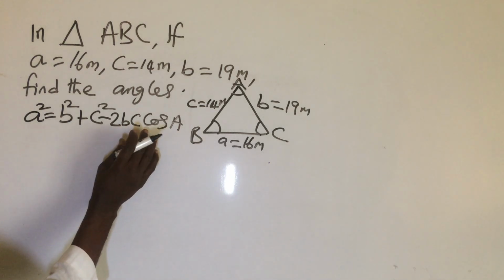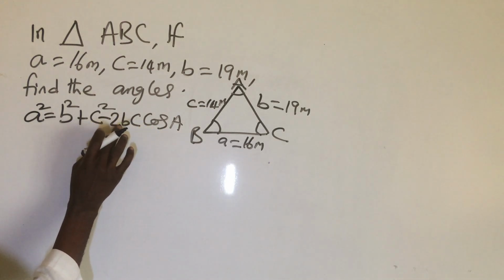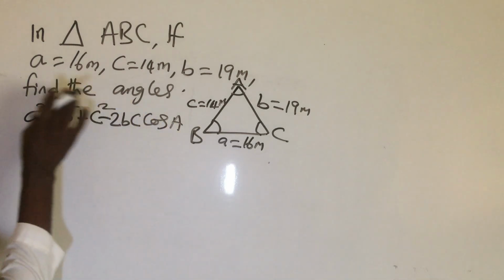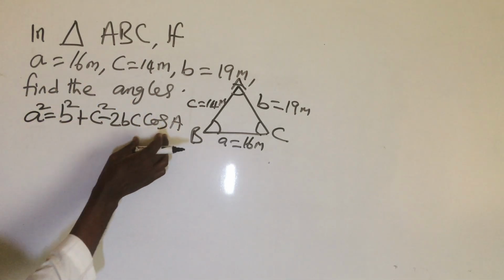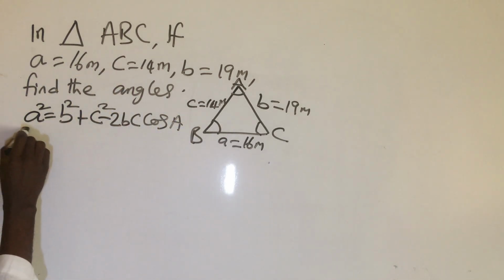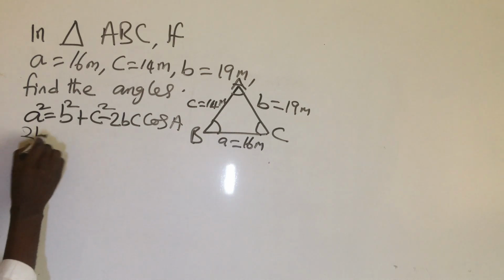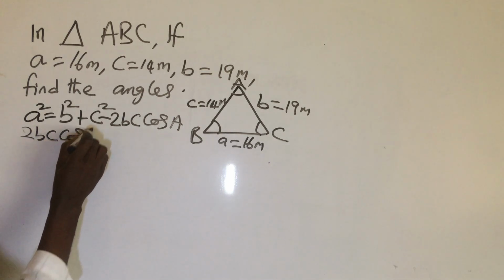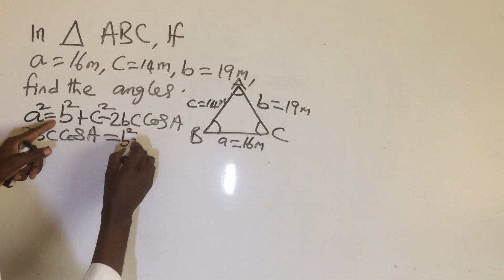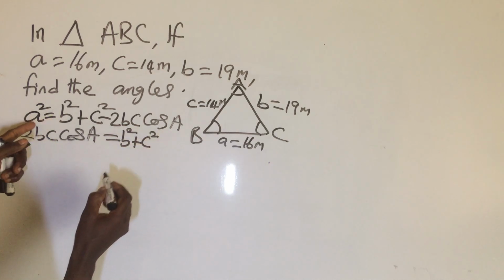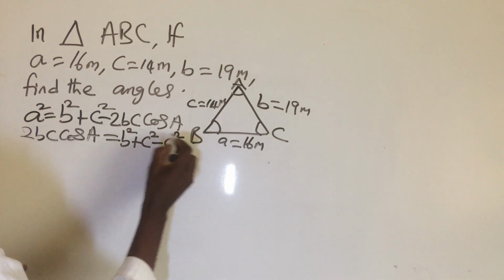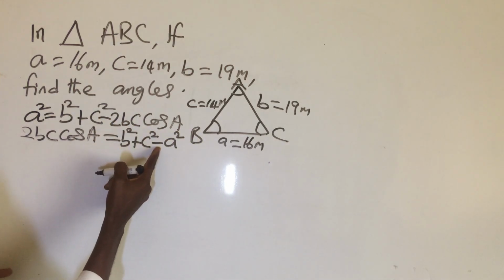Now I will take minus 2bc cos A, they are together. Okay, I will now take it to this side. If I bring it this side, the sign minus will change. Now I have 2bc cos A equals the one that is already there, which is b squared plus c squared. Now this one will come to that side and it will be minus a squared. When it comes here, the sign will change to minus.